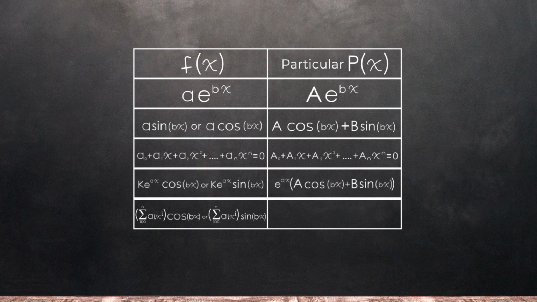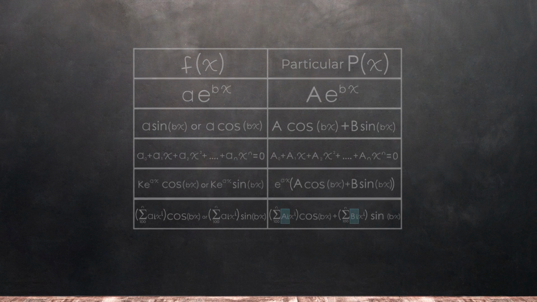If f of x is a product of an nth order polynomial and either sine or cos, then the particular solution will be the product of the polynomial function with undetermined coefficients, a_i, with cosine, plus the product of the polynomial function with the undetermined coefficients b_i with sine. These are not the only combinations for f of x, but from these examples we can easily determine what the particular solutions of the other combinations may be.